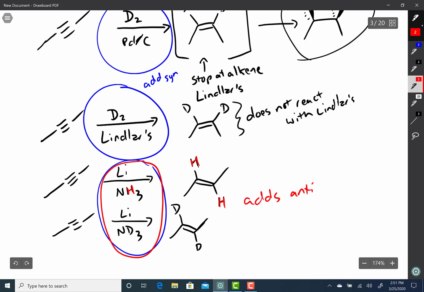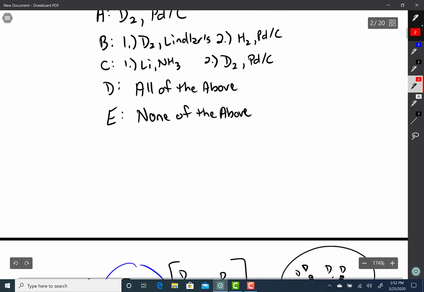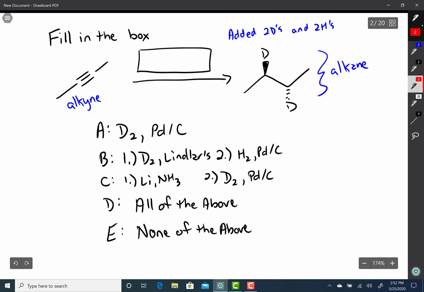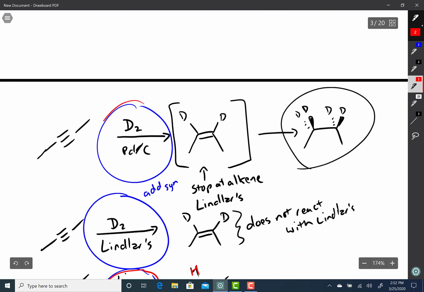So the hydrogens or the deuteriums you're adding end up on opposite faces of each other. So going back to this multiple choice, if we look, those deuteriums are on opposite faces of each other. They're not syn, but the only way we have to make an alkane is this, which adds hydrogens and deuteriums syn to each other.